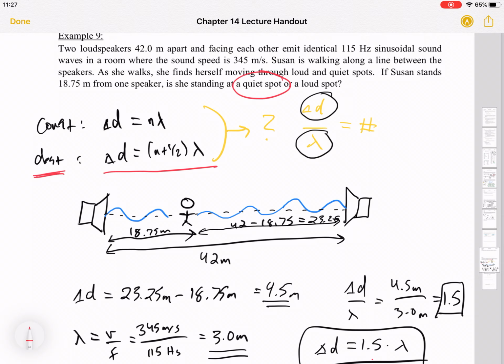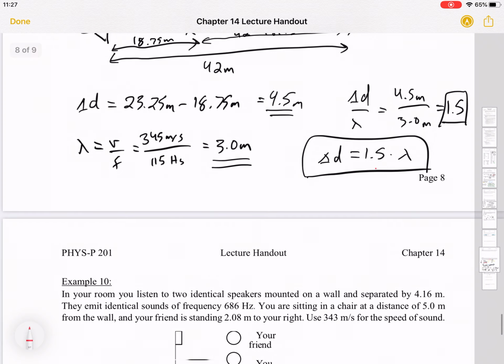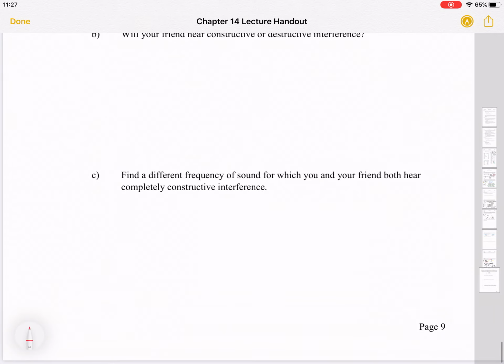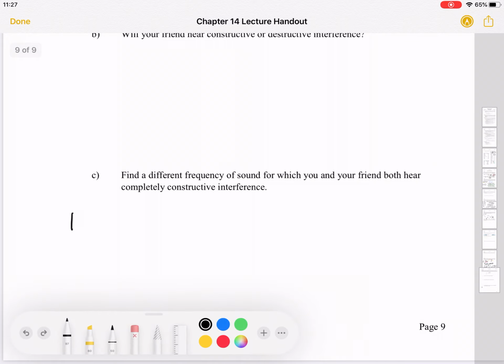Okay, I think that's good for now. There's a whole other type of problem you can work, which is, let me just find some blank space so I can draw a picture. You could say, what if I have a speaker, draw it facing the other way.